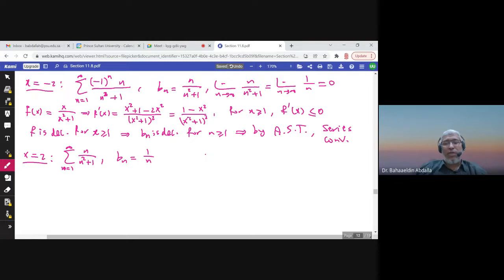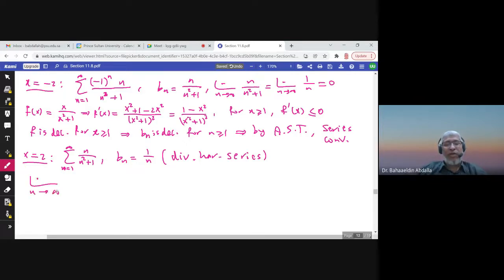And we see that n over n square plus 1 is less than 1 over n. So the direct comparison test doesn't help because this is less than this, not greater. And 1 over n is the divergent harmonic series. So I will use the limit comparison test.